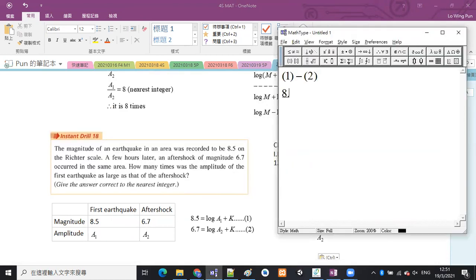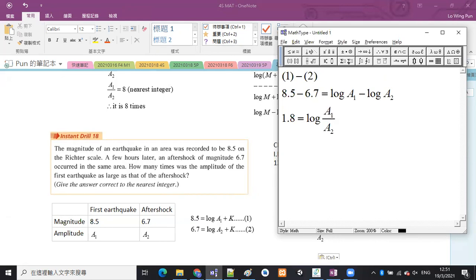Left hand side becomes 8.5 minus 6.7. Right hand side we have log A1 minus log A2. And then the K terms will be cancelled by each other. Okay? And then the left hand side, 8.5 minus 6.7 will be 1.8. And then right hand side, it is in the form of log M minus log N, so it can be merged to log A1 over A2.